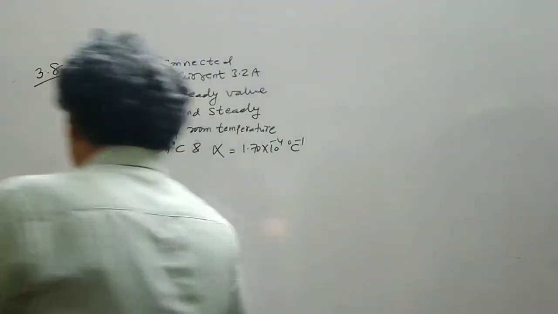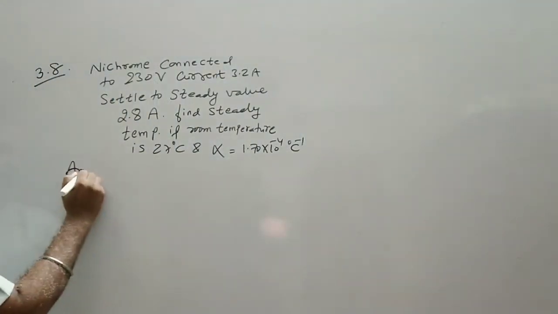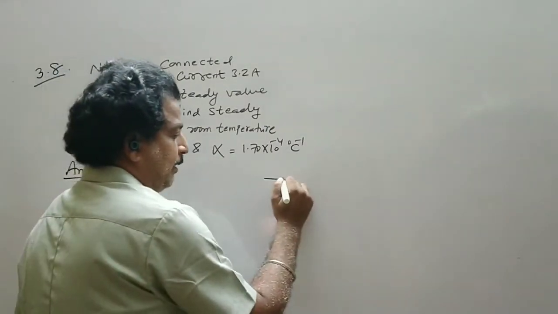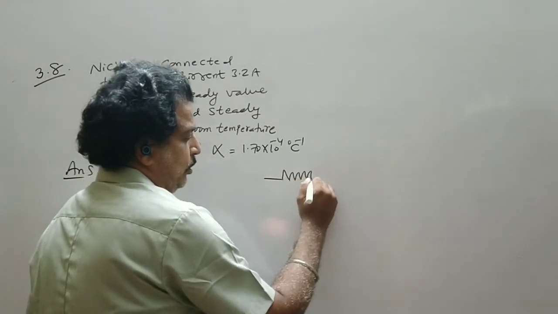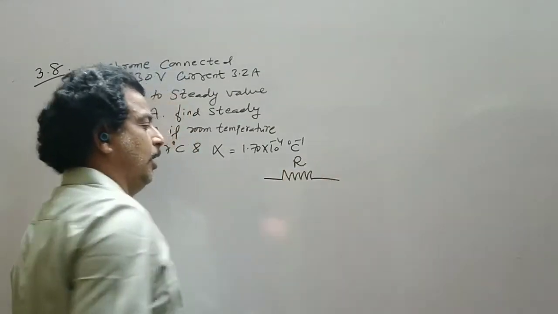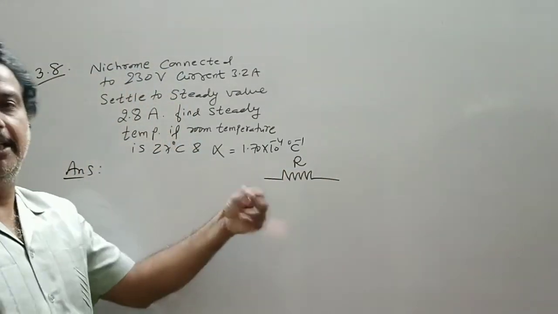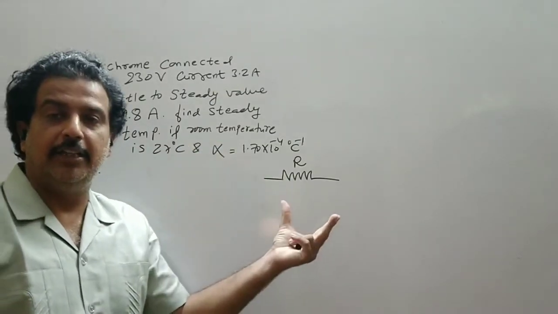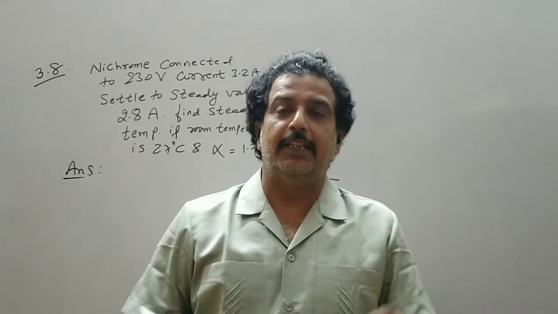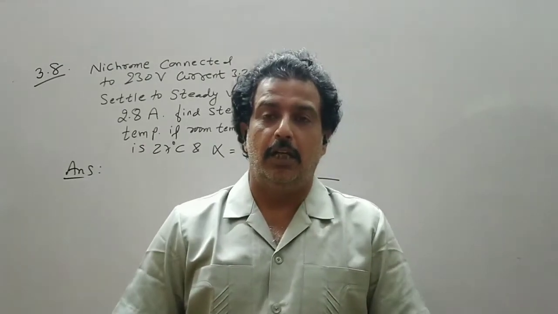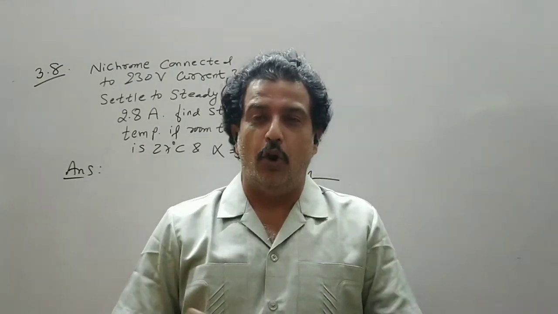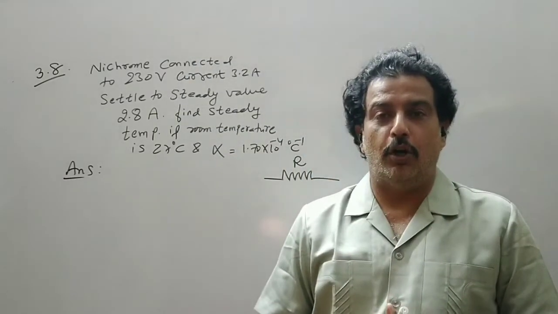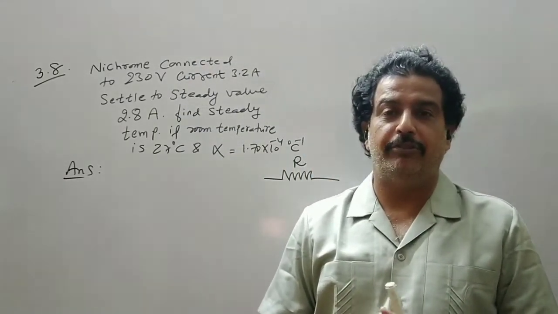So in this case also, initially, you have to remember that suppose this is a resistance, a device, whether it is an electric toaster or an electric iron or a water heating coil, all these use the principle of the heating effect of current.